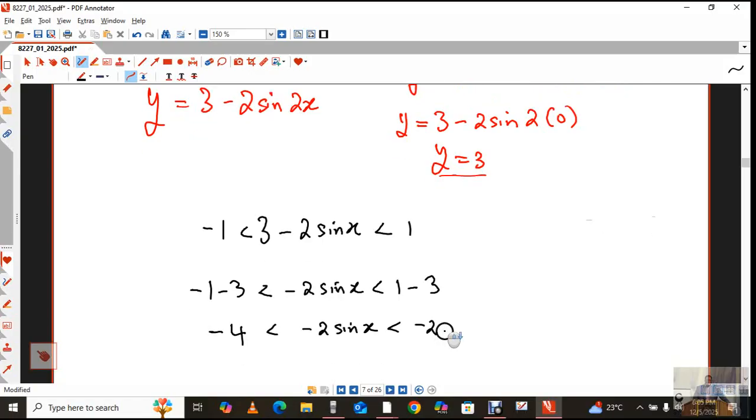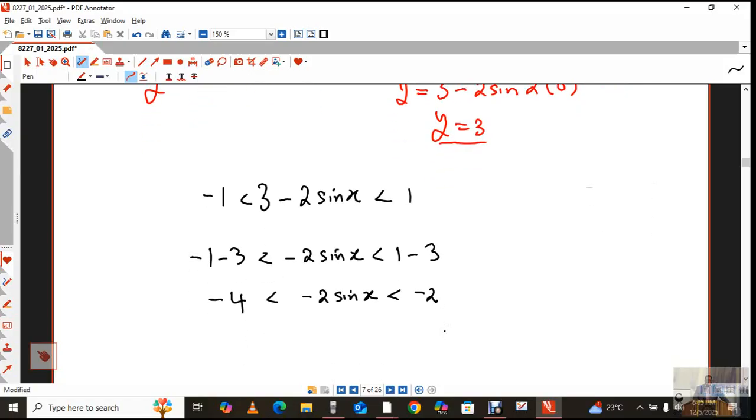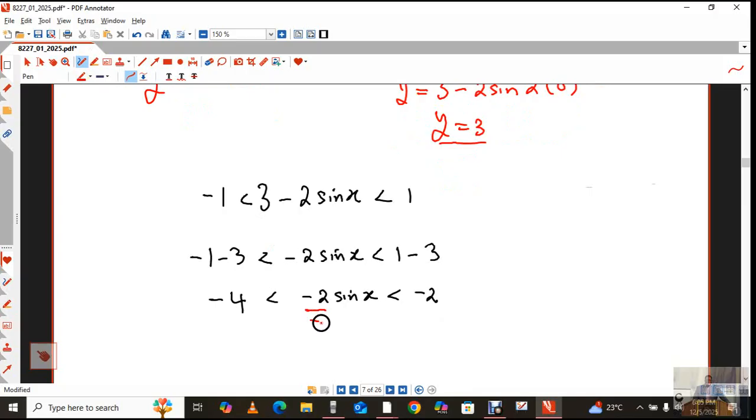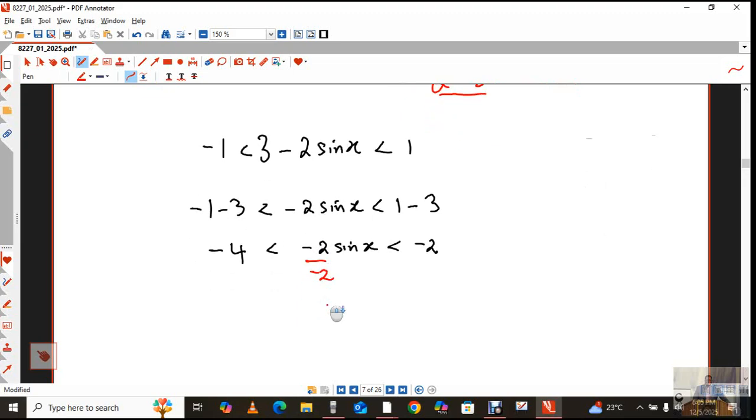Now there's a little problem here. Sorry, I'll have to divide by this negative 2. And whenever I divide by a negative, the direction of the inequality signs will change. So I'm going to change the direction in a bit. So I'm going to divide by negative 2 and divide by negative 2. This is going to give me a 2 over here.